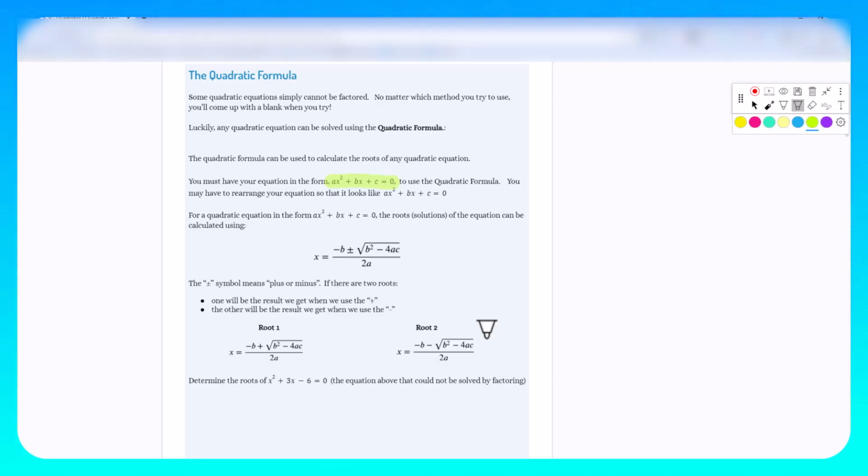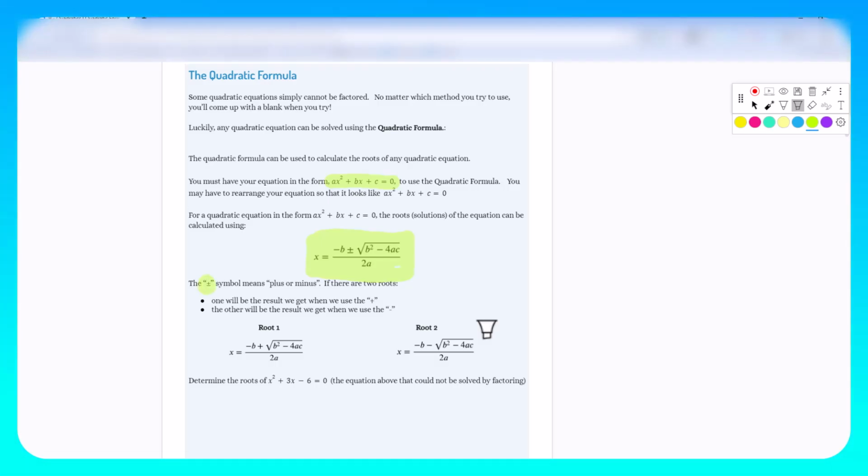Now, for the quadratic equation in this form, the solutions are determined. Here we go. This equation right here. So this formula tells us that x equals negative b, plus or minus the square root of b squared minus 4ac, over 2a.